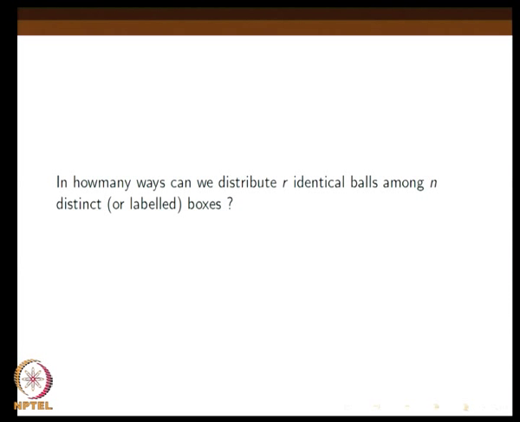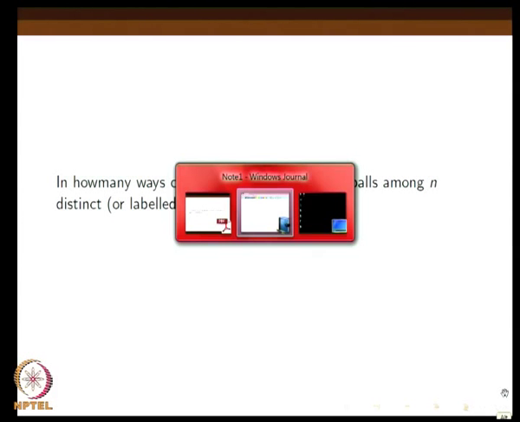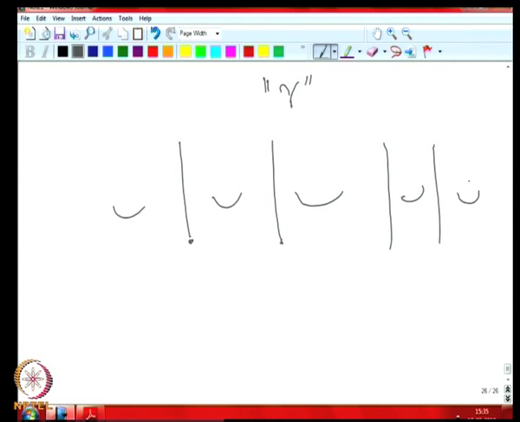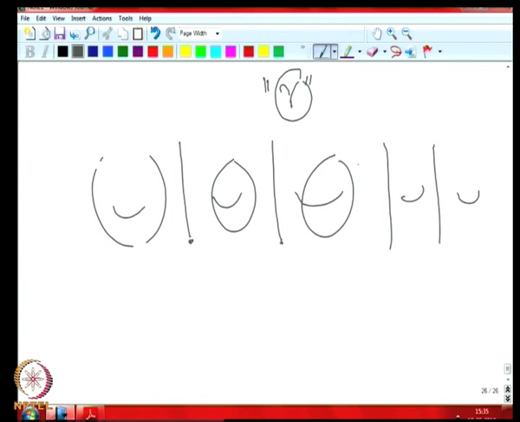We will show that this is the same problem, because when we wanted to select R things from n different types, we drew n minus 1 bars so that we created a total of n regions. These are selections depending on how many are taken from this type, this type, and this type. We decided to put so many dots here.